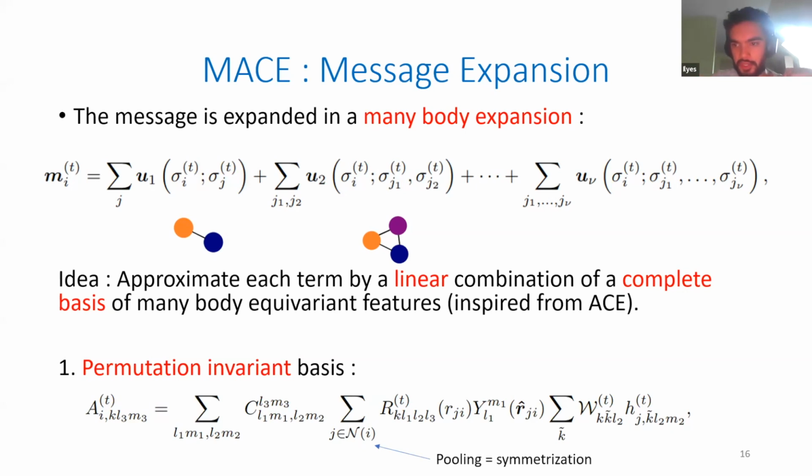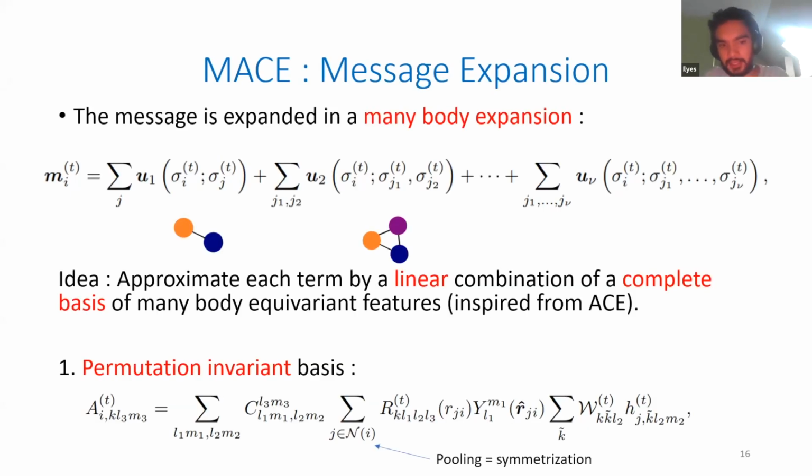The radial features are just a function of the distances between these 2 atoms, and the spherical harmonics are a function of the vectors, so they have the geometric information. And then you also multiply in the previous H features. And this creates these A features that are a complete basis of 2-body permutation invariant functions.